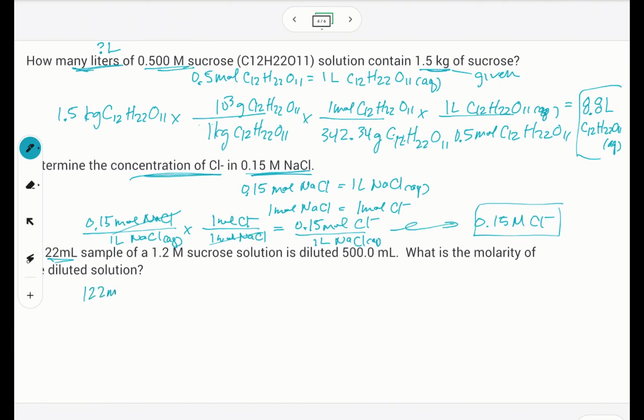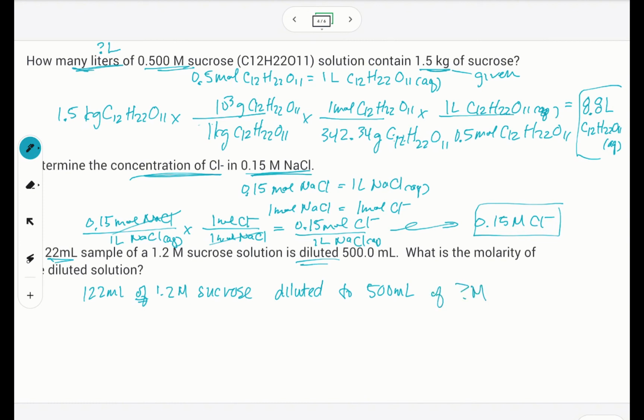So 122 milliliters of 1.2 molar sucrose is diluted to, right? So that means the new condition, to 500 milliliters of some unknown molarity, right? So that new molarity is our unknown.